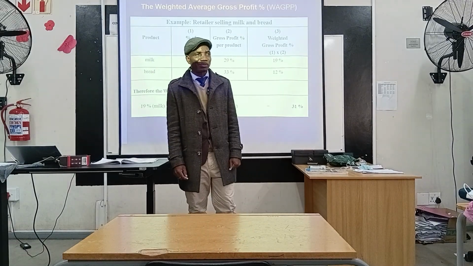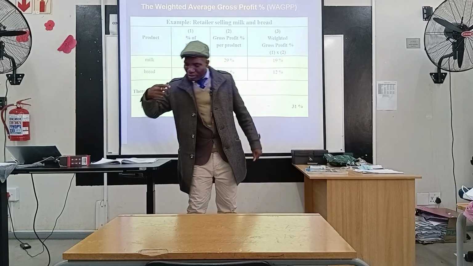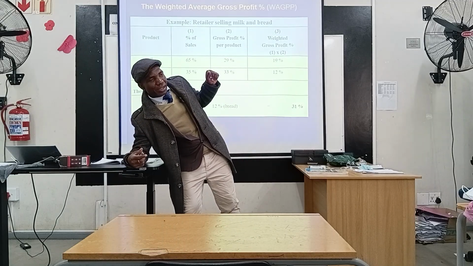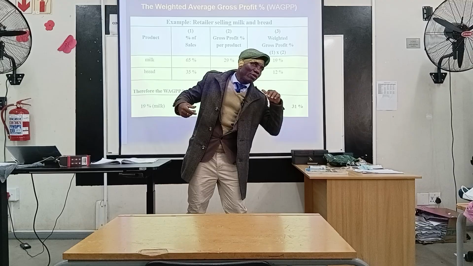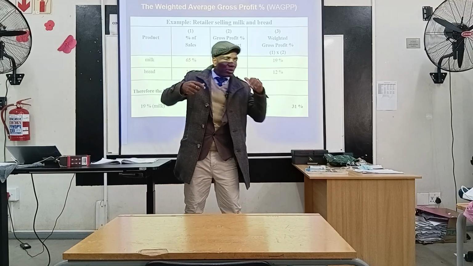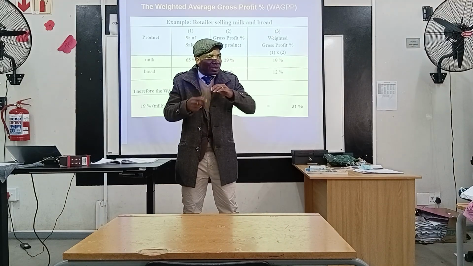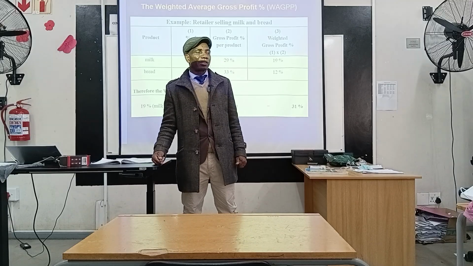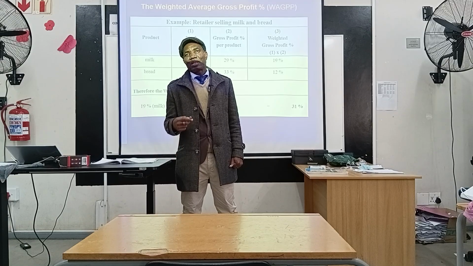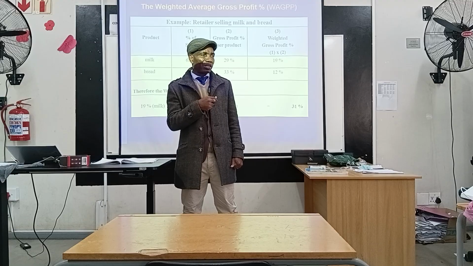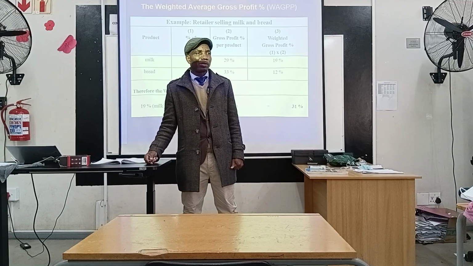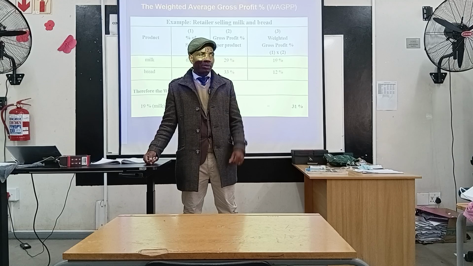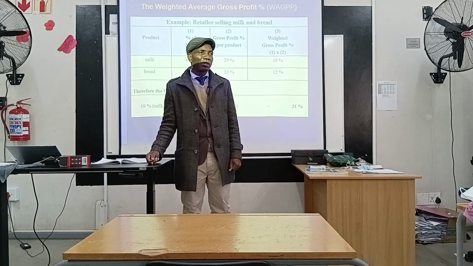You take the gross profit percentage of product A, then the one for product B, then you put them together, and it gives you that weightage. Do you understand what I mean? So that is where this formula is applicable, for more than one product. Even if it is 5 products or 10 products, you can use this one.